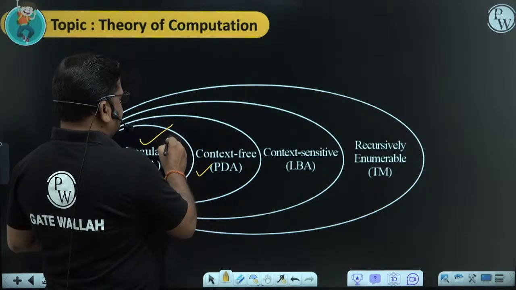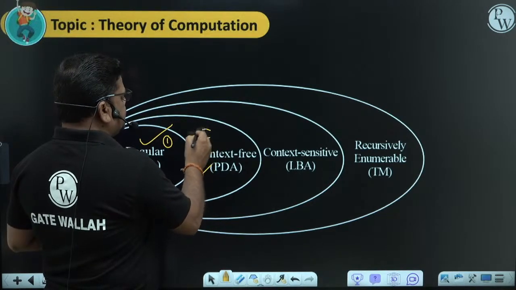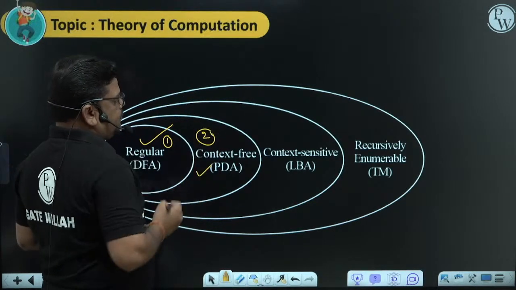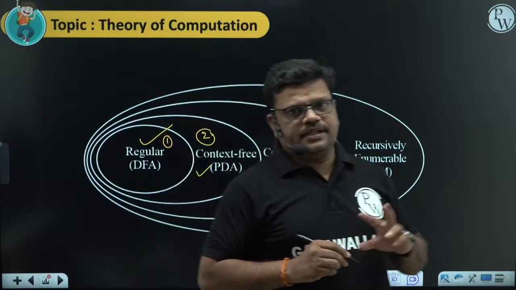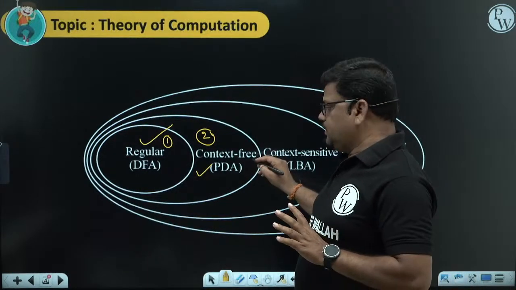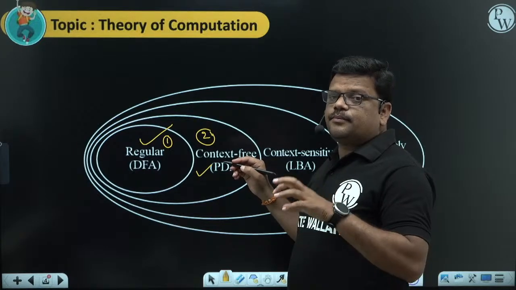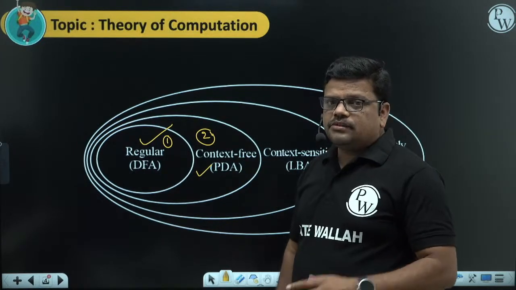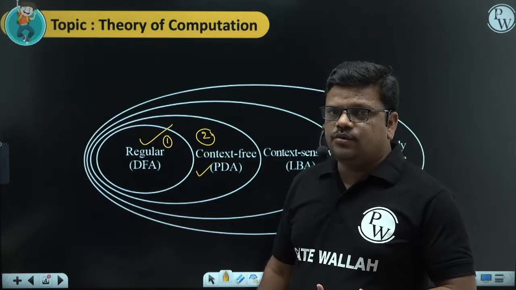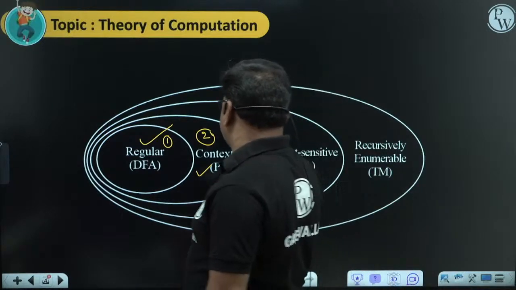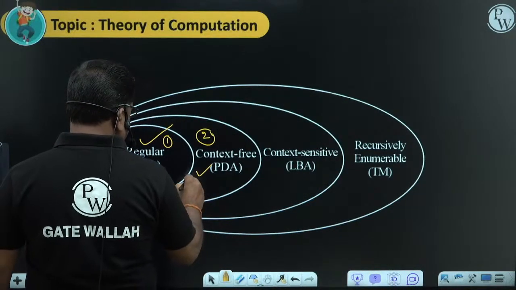So we are in chapter 2. This is our chapter 2 in our subject Theory of Computation. Here 2 things are there: context free grammars, context free languages, and their corresponding automata. Context free grammars, what type of grammars, what is the rule of the context free grammar, that we studied in the last class.